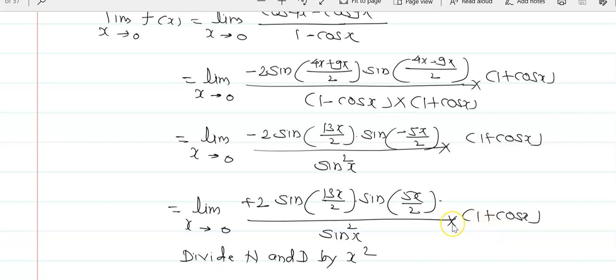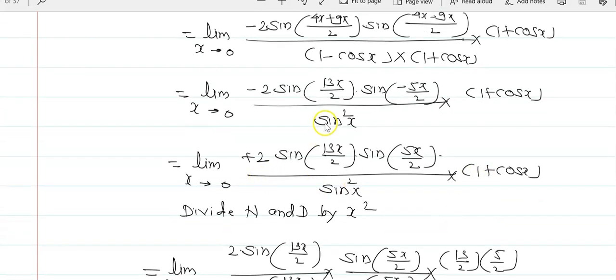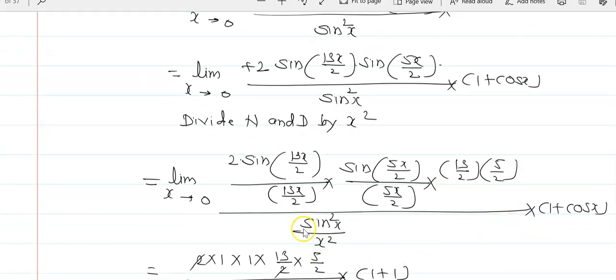Now next is the adjustment: divide numerator and denominator by x square. That is limit x tends to 0 of sin of 13x upon 2 upon 13x upon 2, sin of 5x upon 2 upon 5x upon 2, into 13 by 2 into 5 by 2, upon sin square x upon x square into 1 plus cos x.